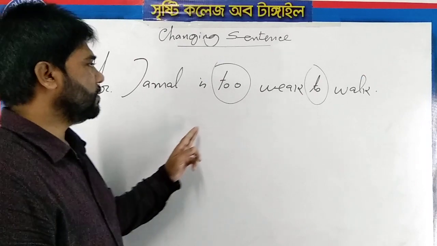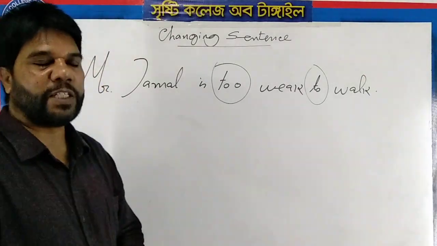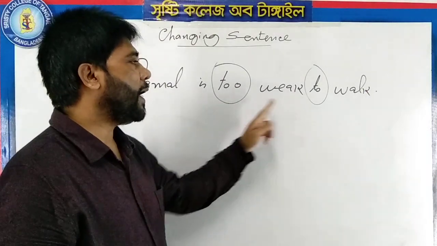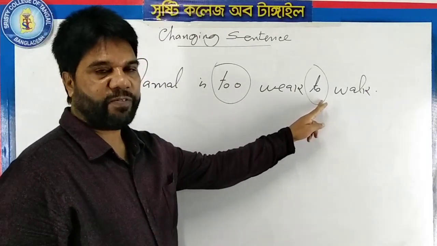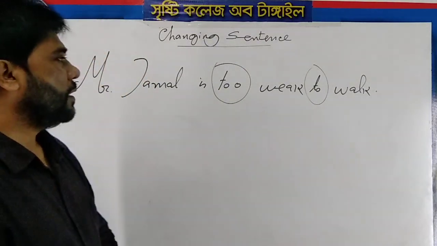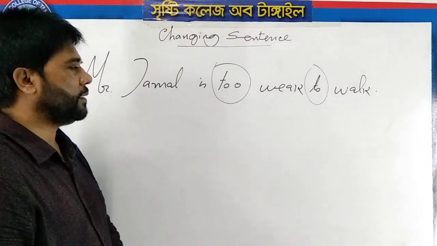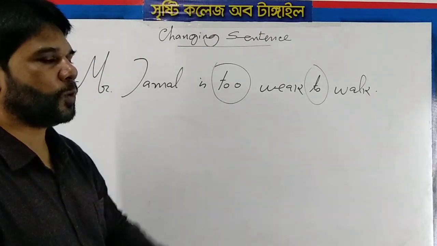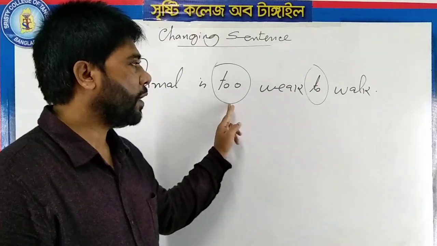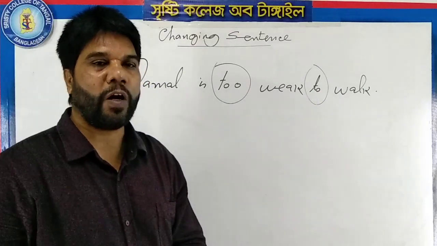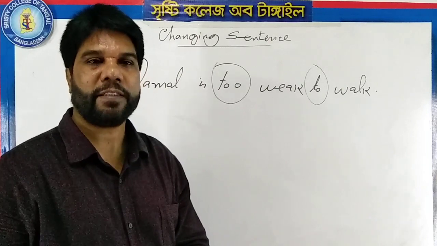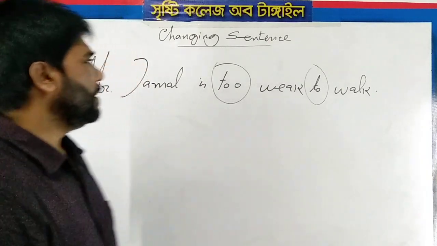If you follow the positions of adverb too and infinitive to in a simple sentence, you have to think that too and to will be turned into so and that for making a complex sentence.